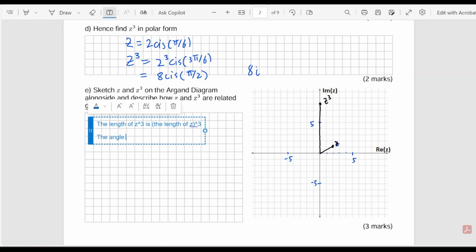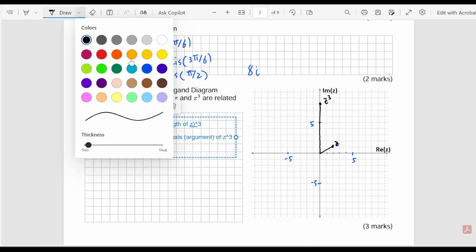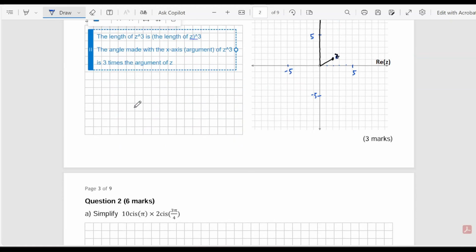The angle made with the x-axis, the argument of z cubed, is 3 times the argument of z. So something like that. Just talk about the length and the angle, how both those things are affected.